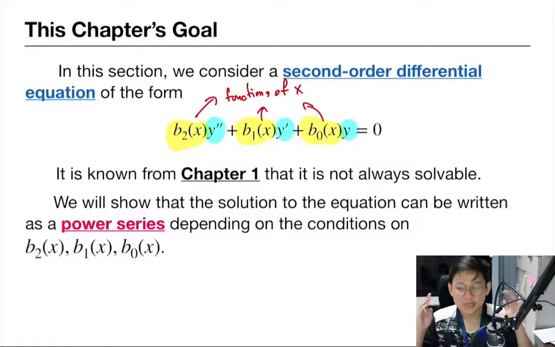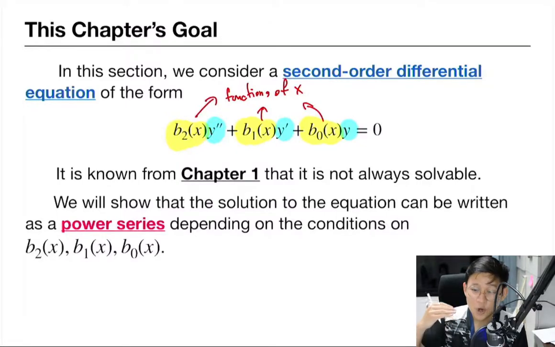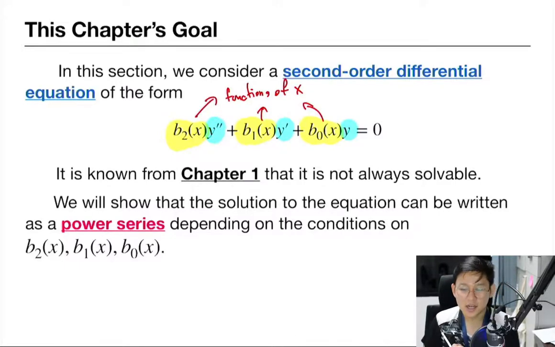So for the introduction, I just brushed up some properties of the power series, right? You learned that from calculus, but I just gave you a brush up. And then I talked about the goal of this chapter, which is to solve the second order differential equation in that form. Okay, and in the next video, we're gonna be looking at the conditions, right?